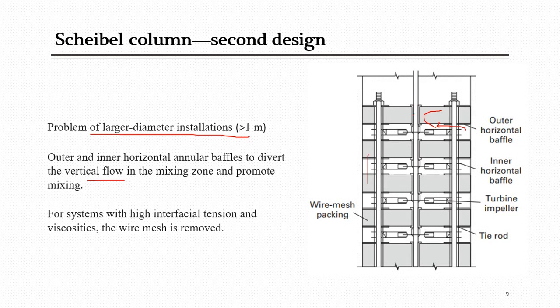This shaft which is agitating, we can't remove it if there is some problem, or we have to inspect it or repair it. What you were supposed to do was dismantle the whole column, remove everything through this column, and then check if there is some problem, wear and tear, and repair it. So this was one big issue in industry.